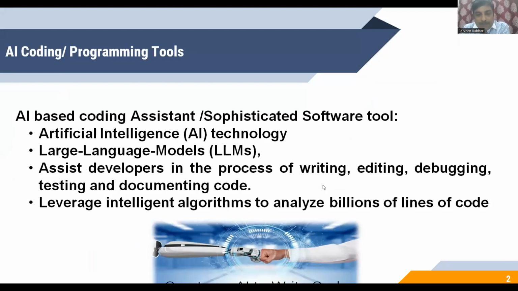As I was saying, I had been using the traditional coding and programming languages in the past, which continue to offer capabilities such as syntax highlighting, auto completion, debugging tools, and so on. These functionalities rely on the human developer's proficiency and expertise, that means the expertise to write and debug the code.